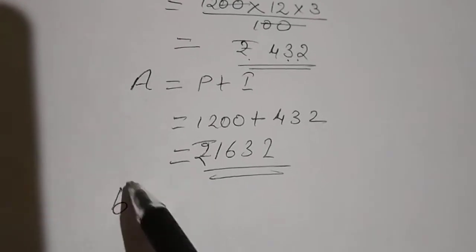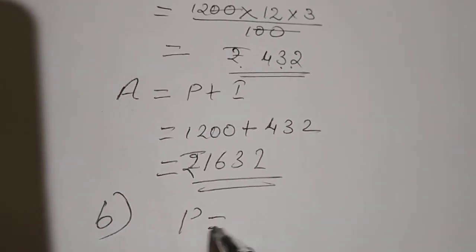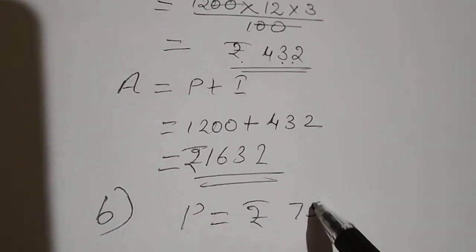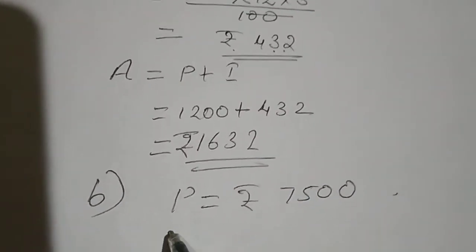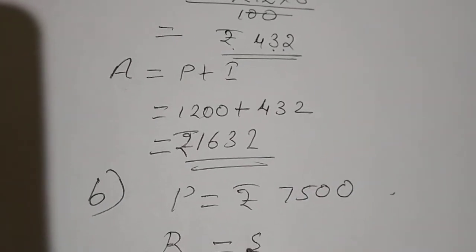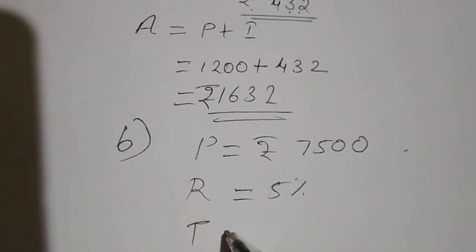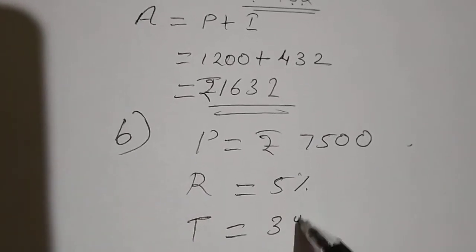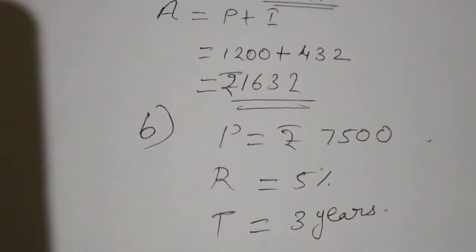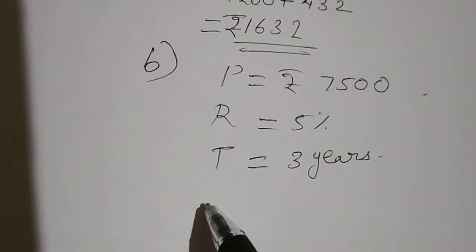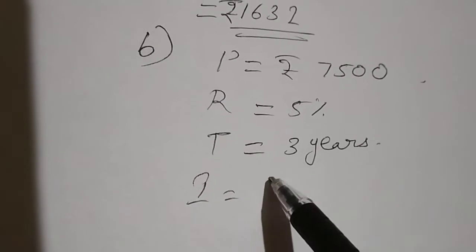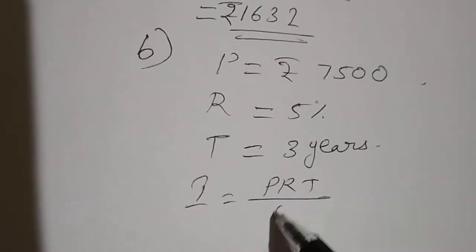Now we can go through the second question. Question number B. Here the P is equal to rupees 7500 and rate is given 5%. Also, here also the time duration is 3 years itself. Here we know I is equal to PRT on 100.